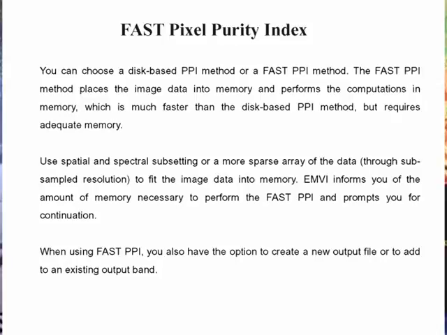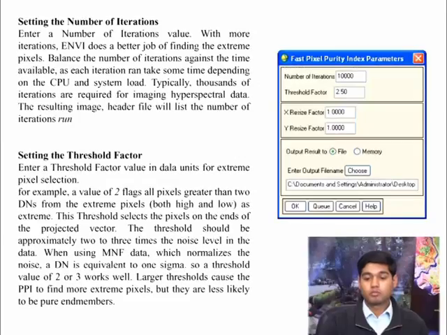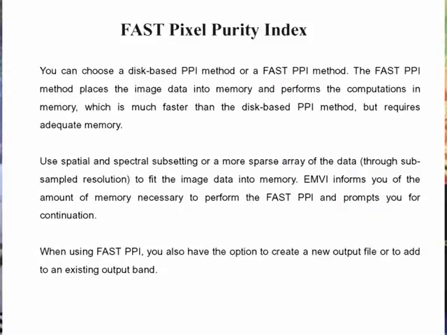When you run the fast pixel purity index and new output band after selecting the MNF, it will prompt you how much memory is required for running this process. Then you just continue, and when using PPI, you also have the option to create a new output band or to add to an existing output band.